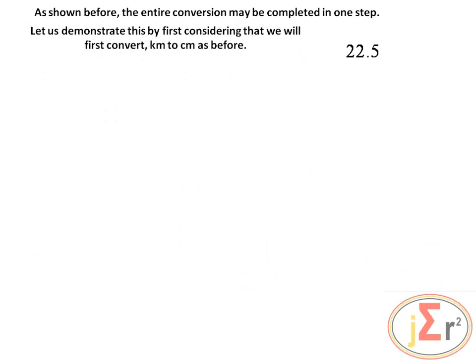As shown before, the entire conversion may be completed in one step by taking the 22.5 kilometers. Let us demonstrate this by first considering that we will first convert kilometers to centimeters as before. Remember that a larger number is on the centimeter side, so we multiply.